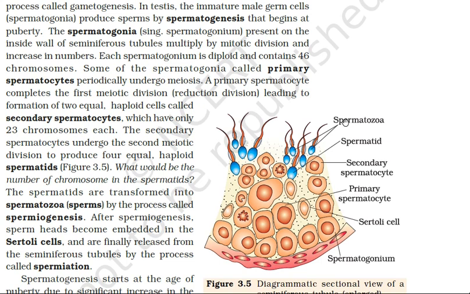I recall, the primary spermatocyte has 2n number of chromosomes, and the haploid sperms or spermatozoa contain only n number of chromosomes, as well as the spermatids also are haploid, that means having n number of chromosomes.